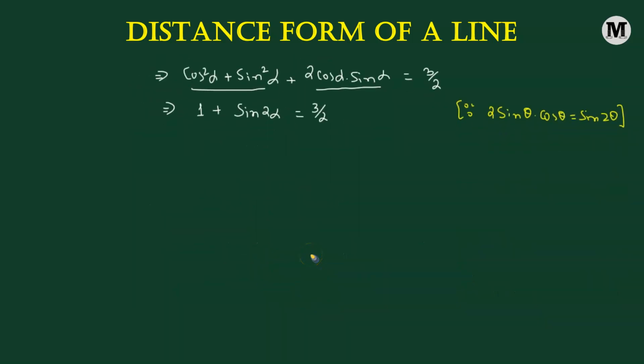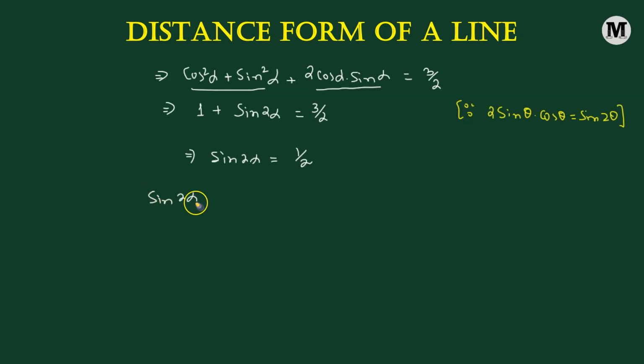Now let's transpose 1 to the right hand side and subtract it from 3 over 2, and we are going to get sine of 2 alpha equal to 1/2. Okay, now when is sine of some angle equal to 1/2? There are two possibilities.